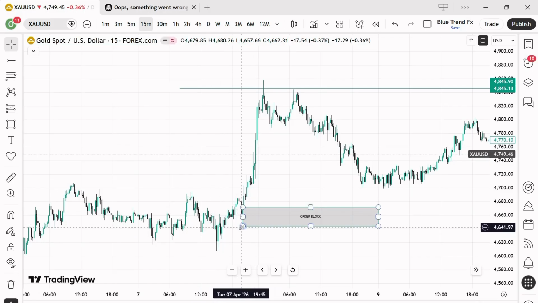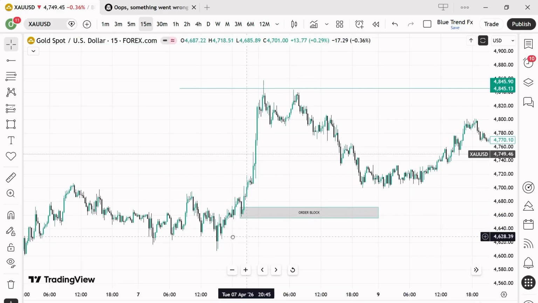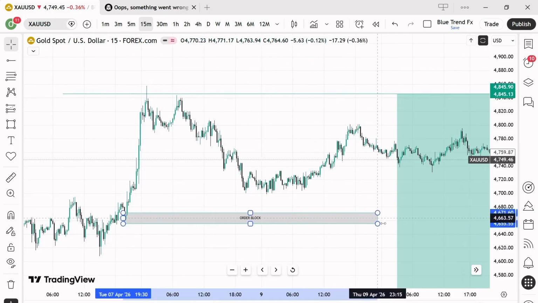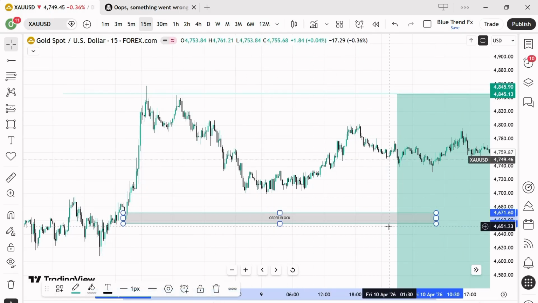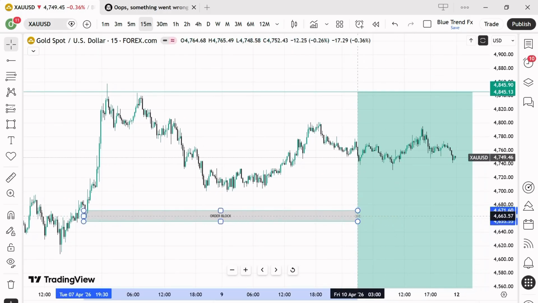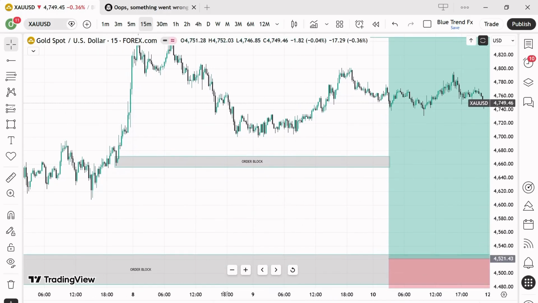This is a fresh and clean order block with FVG and with the liquidity resting. So if market comes to this level, based on confirmation, we have to see a value structure shift.